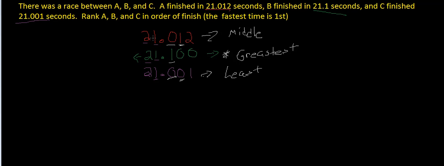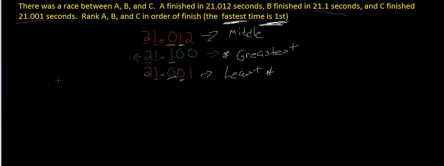If you did something in 20 seconds and someone else did it in 19 seconds, they finished before you. So the person in first, with the fastest time, is actually the least decimal. So 21 and 1/1000ths is C, and C finished first.